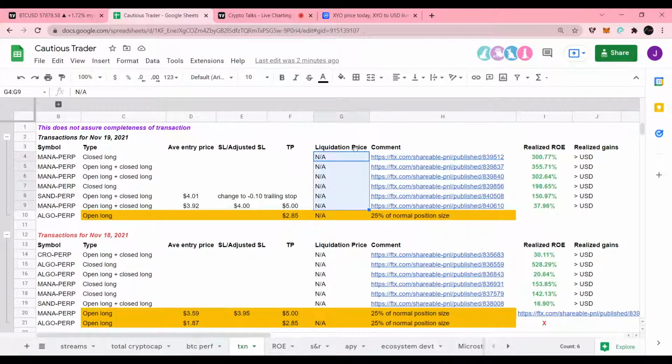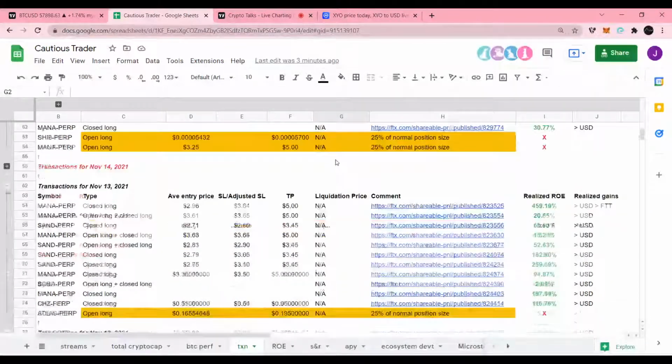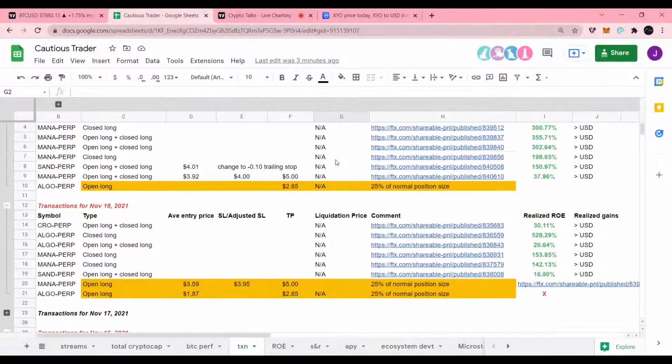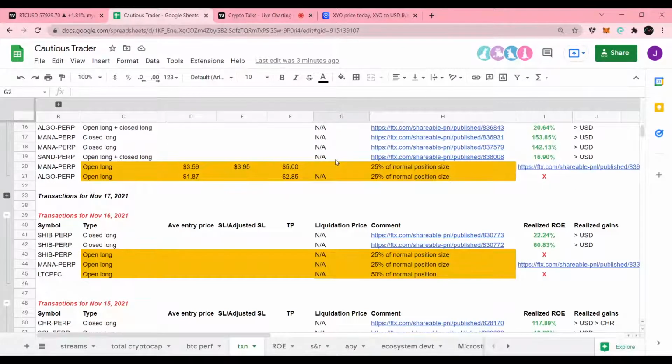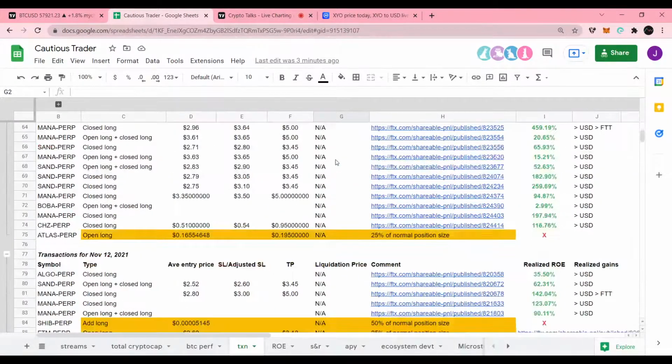Because before, I was too aggressive, and I was trading nearly close to the liquidation price. So you can see here that the liquidation is negligible or zero.